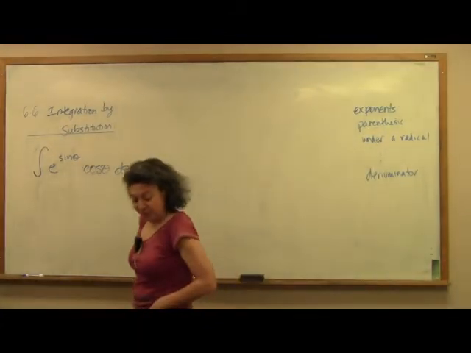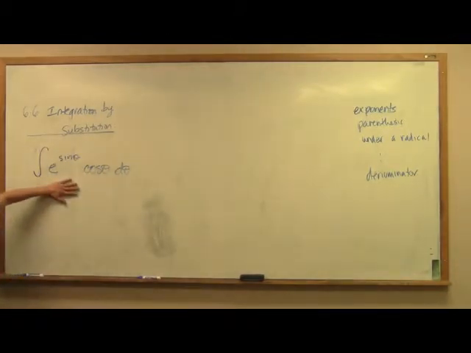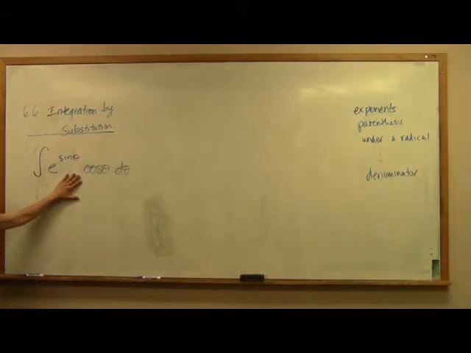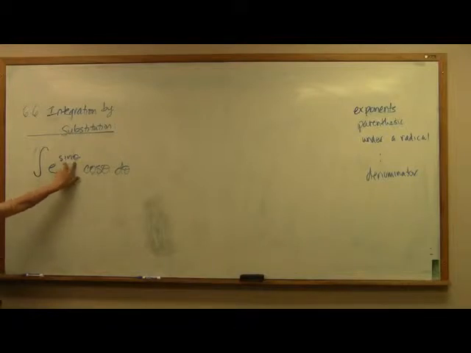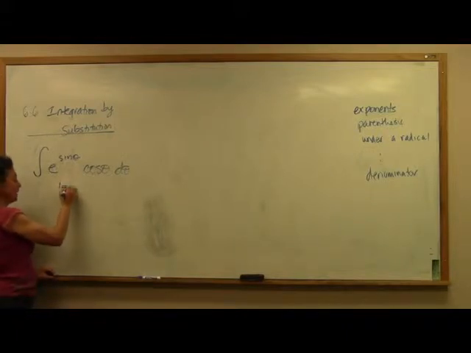So, for example, with this guy, what we're going to do is compute the antiderivative using substitution. Notice I have an exponent here. I'm going to substitute that exponent. I always use my letter u. That's just out of habit.